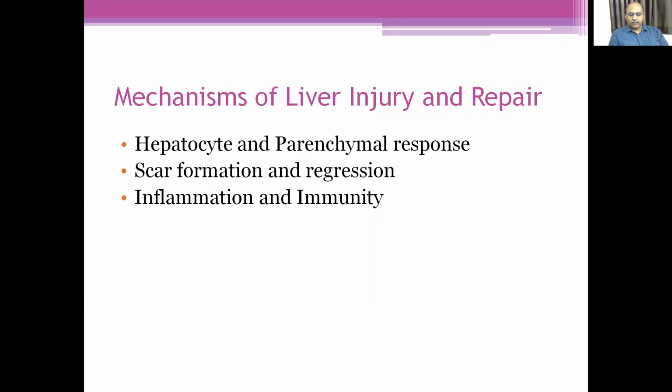Those antigens will be detected by our host cells, CD4 and CD8 cells, and they will form antibodies and destroy those infected hepatocytes. Because of that, we are losing some hepatocytes.